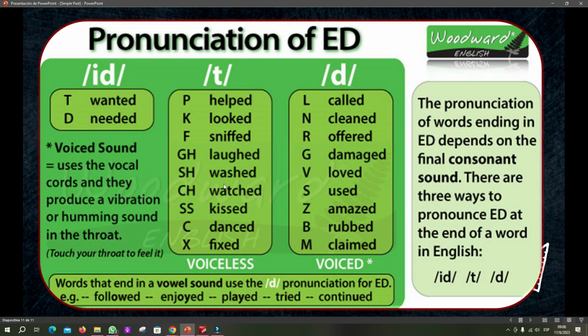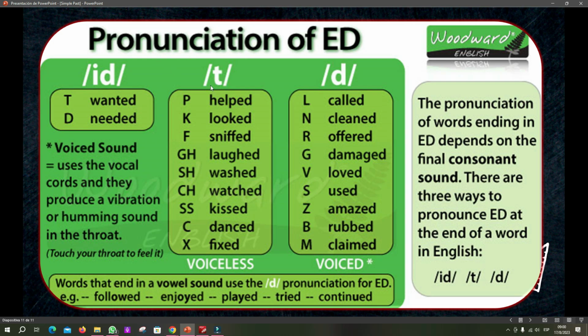Just that. ¿Cuál es el sonido del ED acá? Cuando ustedes tengan estas terminaciones o este sonido en los verbos va a ser de una T, ¿verdad? No puedo decir help it, no. Look it, sniff it. What's that? No. You should pronounce the T sound, right?